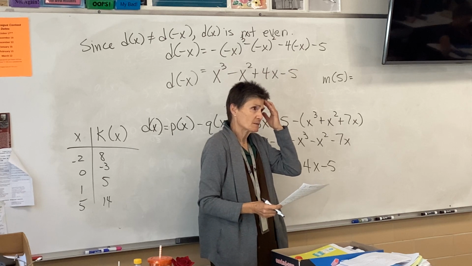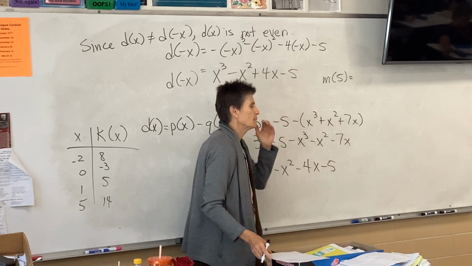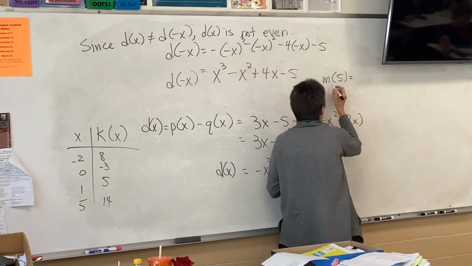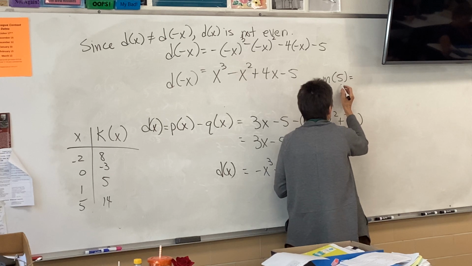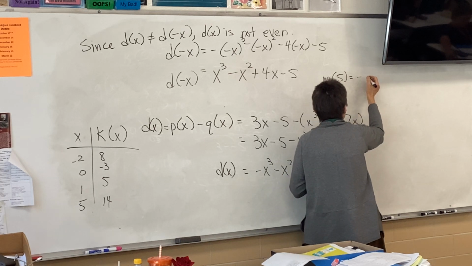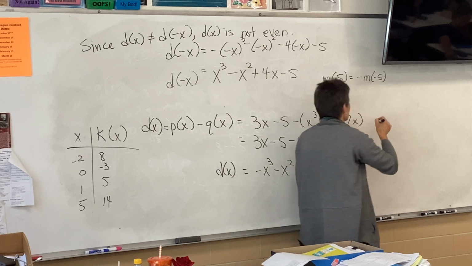All right, let's think about this for a minute. What does it mean to be odd? It means m of 5 will be negative m of negative 5.